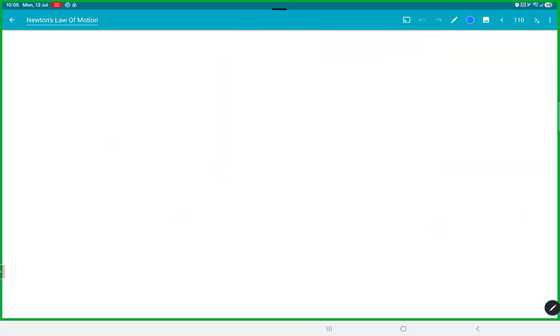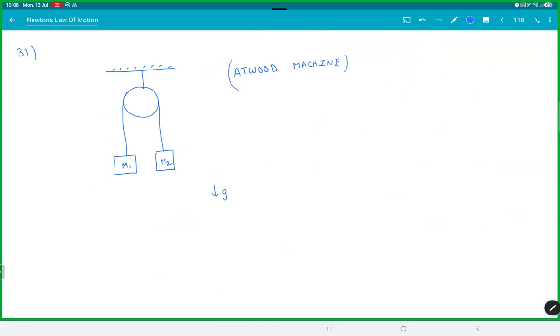Let's see one more. Now, this is a more standard model. So we have a pulley here, M1 and M2. This is also called an Atwood machine. Not a difficult thing, but do remember the result. Useful, saves you time, comes up in a lot of places.